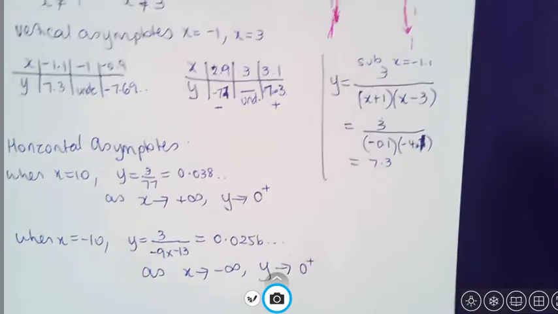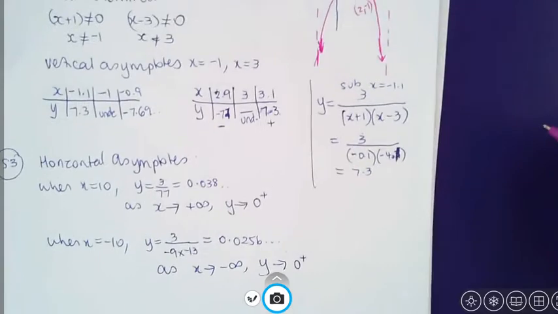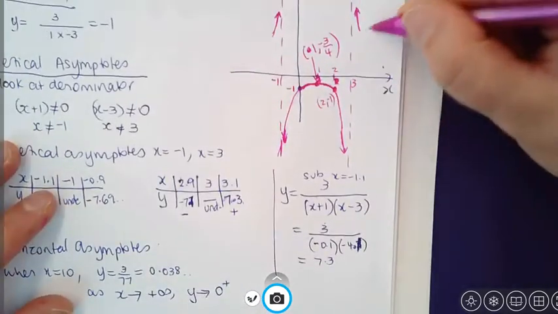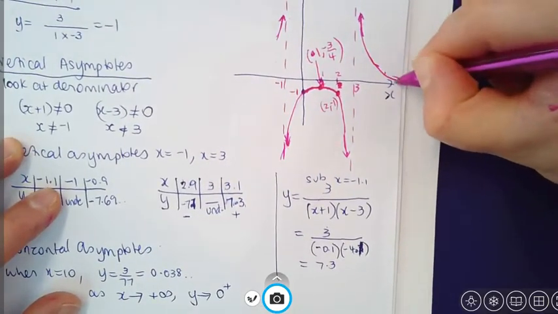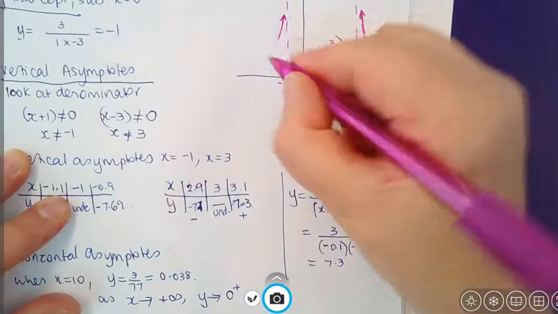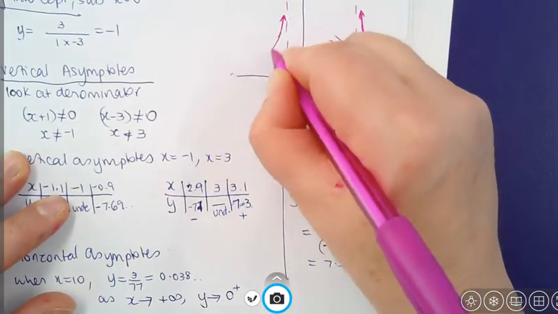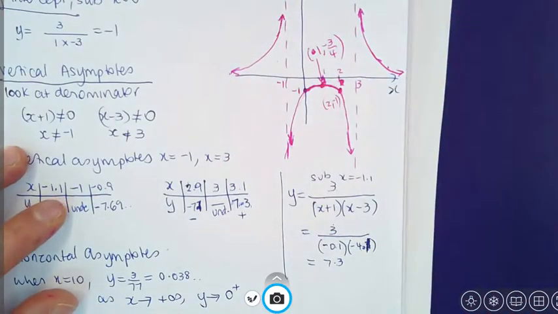Wait, I'll zoom out. And there's the graph. Can I see it? Not quite. There. So here, when x gets big, this is approaching 0. It's going to go like that. When x is like negative 10, it doesn't matter that I can't see negative 10. I just know that the value is getting very small and approaching 0, and my graph is done.